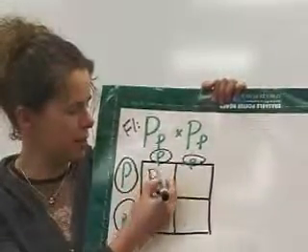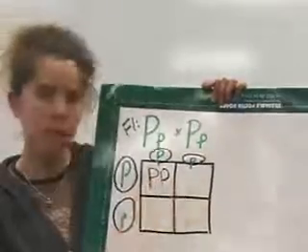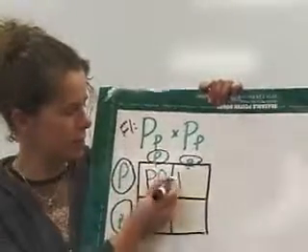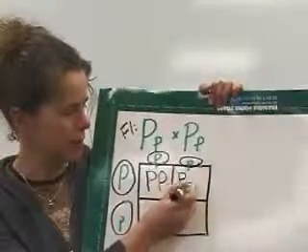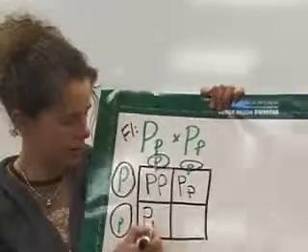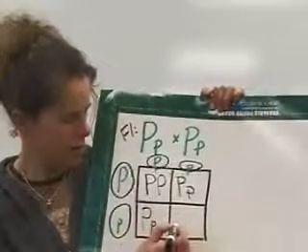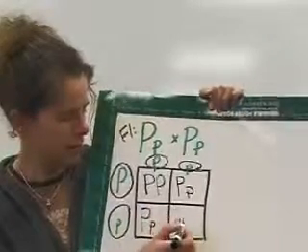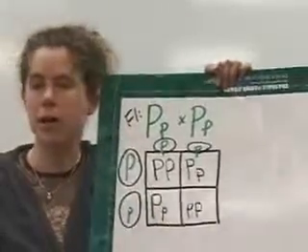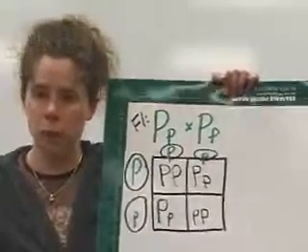So this time, I can again go through and fill in all possible offspring. What happens if these two meet up and undergo a fertilization event? What happens if it's these two that meet up and undergo a fertilization event? Likewise, and here we go. So I'm filling in the genotypes for all possible offspring from this cross.